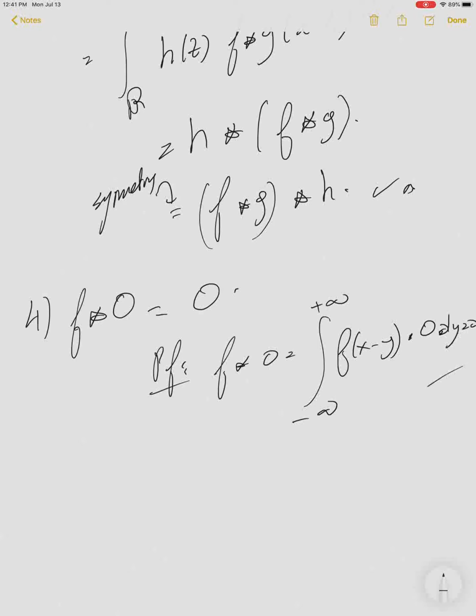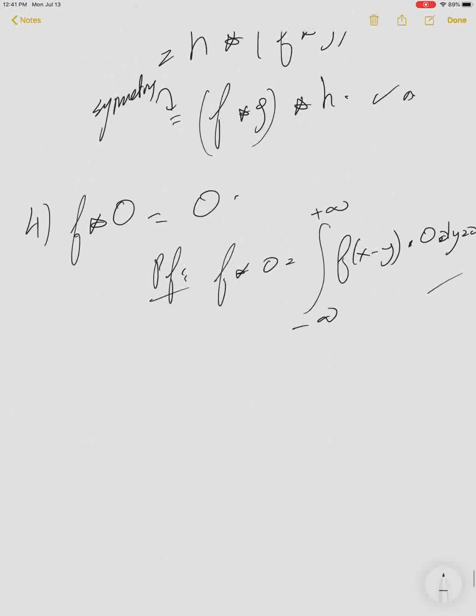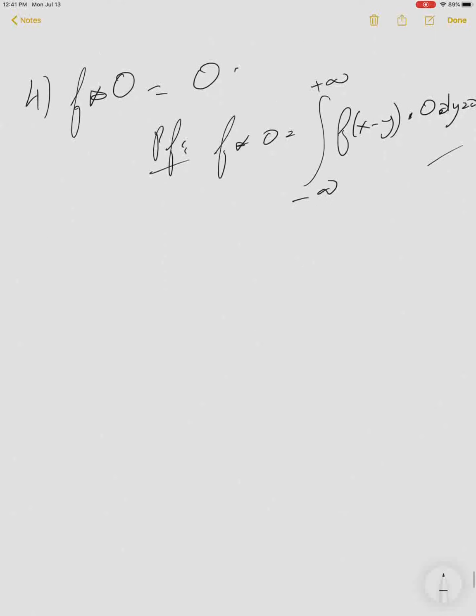Okay, this is trivial. Now, f convolved with 1 does not make sense. Why? Because the function 1 is not an L1 function, because the integral from minus infinity to positive infinity of 1 is equal to infinity. So you can only convolve L1 functions. Okay. Now a theorem.